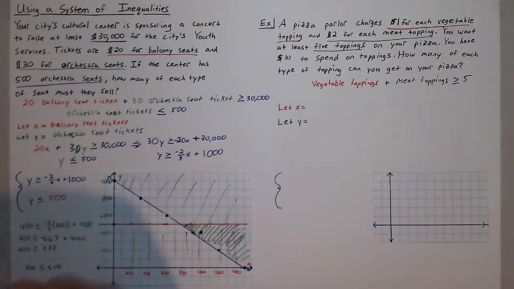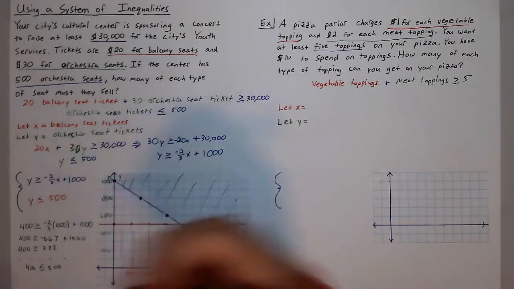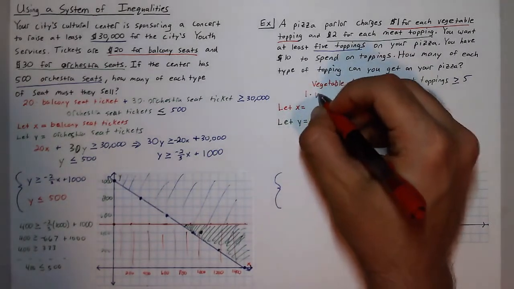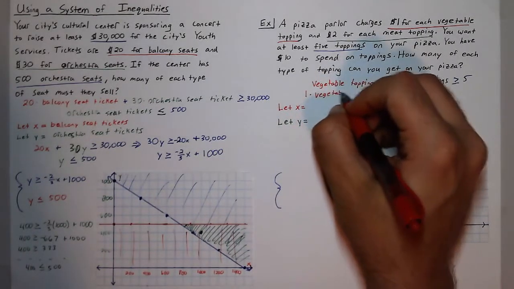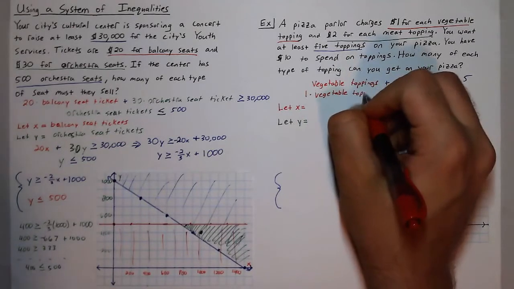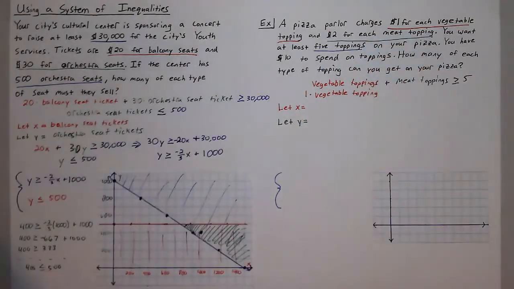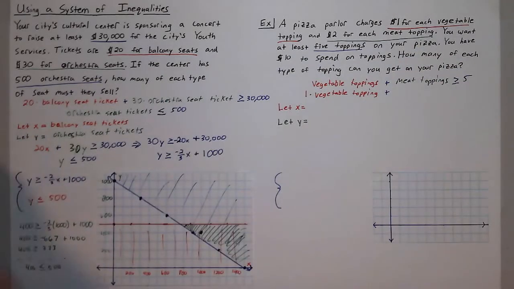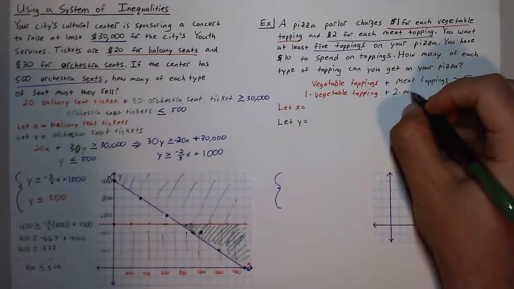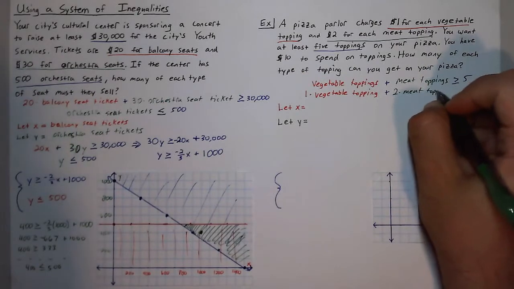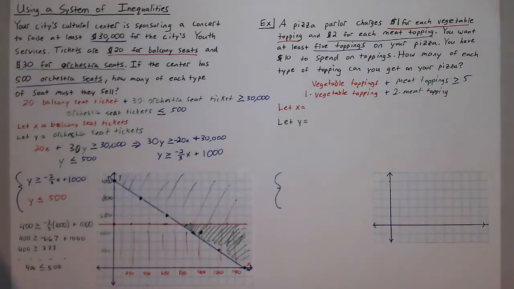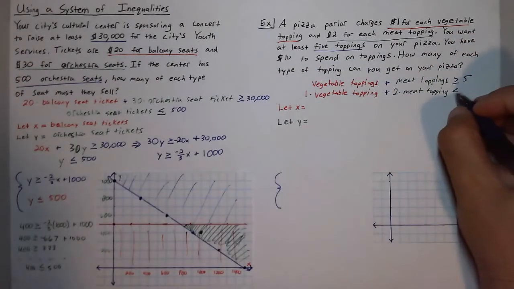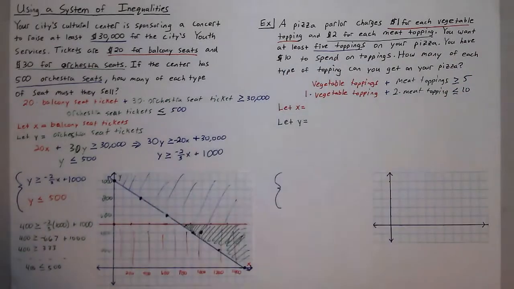Now, money-wise, I could spend $1 per vegetable topping. And I'm charged $2 per meat topping, so 2 times meat topping. But together, that total cannot be more than $10 since I don't have more than $10 to spare.